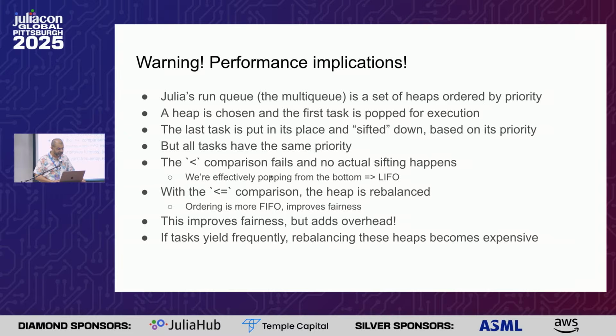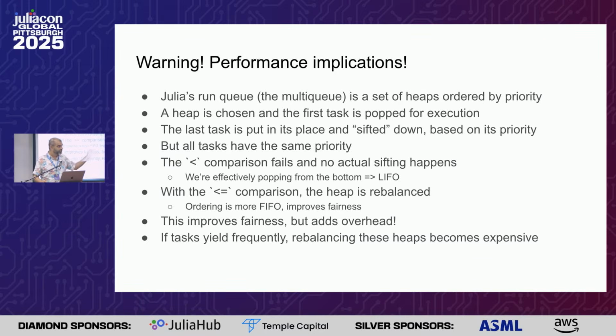If you have a less than comparison there, all the priorities are the same, so less than fails, and then the last task stays as the first task. If you have a less than or equal to there, then it will percolate its way back down to where it started. So you get more FIFO ordering if you do this, but you're essentially moving a task, rebalancing the heap on every new task, and on every task schedule, right? So that's costly.